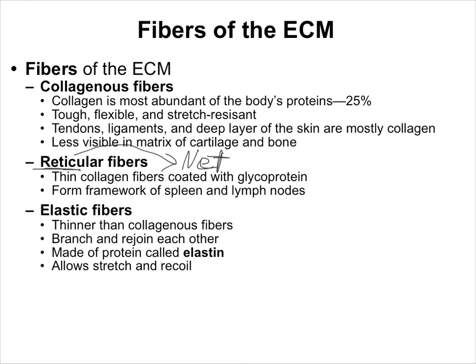They can branch and rejoin each other, so they have a little bit more of a net-making property than collagenous fibers, but not as much as reticular. They allow for stretch and recoil. They're made of this protein called elastin. The more elastic fibers that you have, the more stretchy a tissue is going to be.